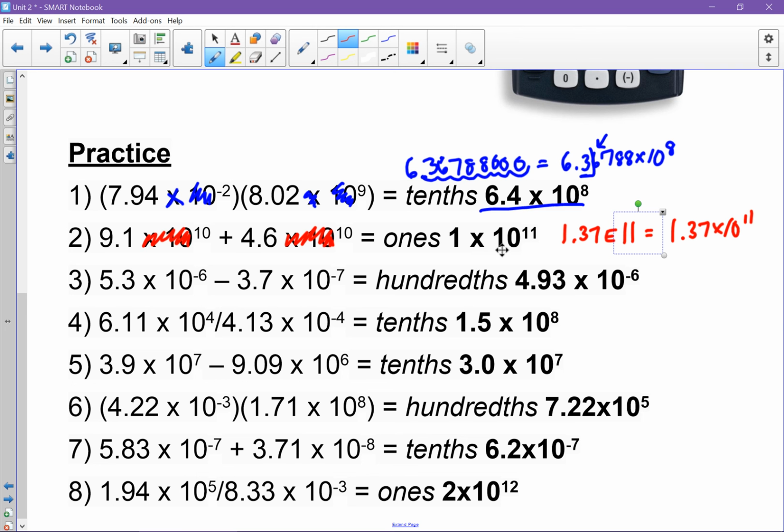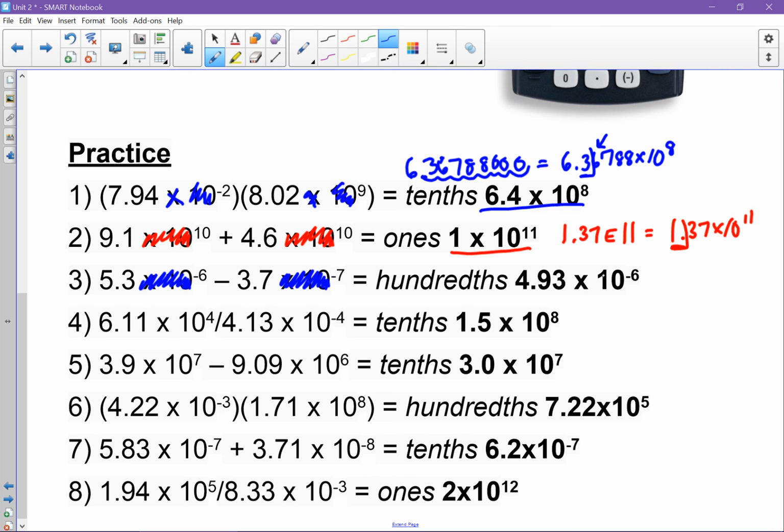Then you can round that to the ones place, which is here. The 3 means we're going to leave it, and so we end up with this, 1 times 10 to the 11th.